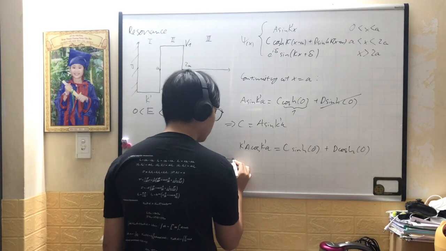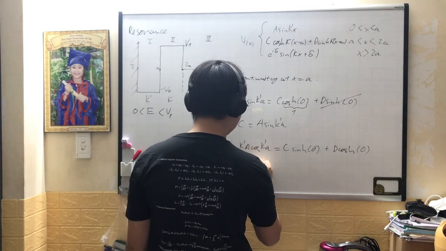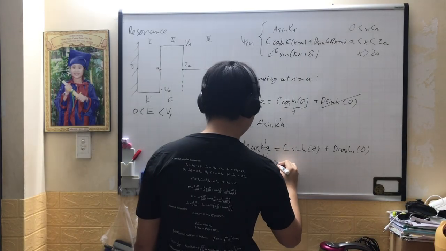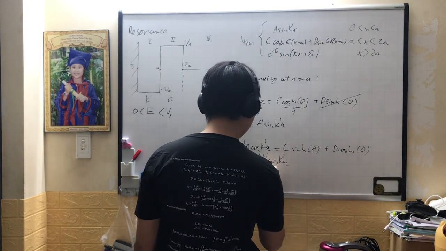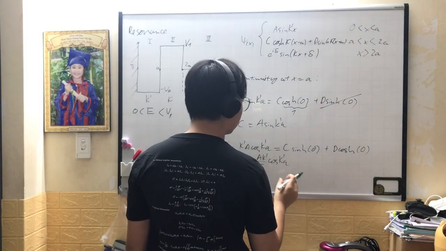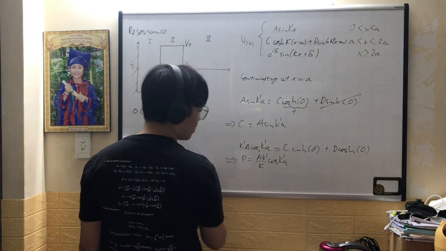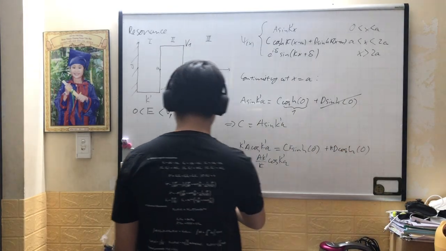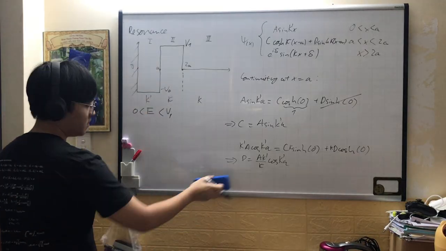From here, get your d to equal to A k prime cos k prime A, and divide it by kappa. Forgot that part.